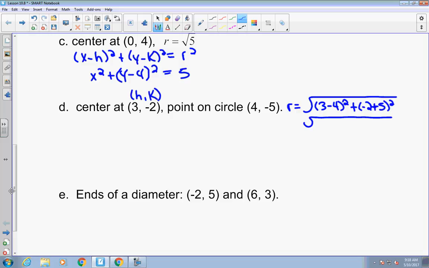Minus a negative, so that's good. All right, so 3 minus 4 is negative 1 squared plus negative 2 plus 5 is 3 squared. Negative 1 squared is 1 plus 3 squared is 9, and I end up with radical 10 for my radius.